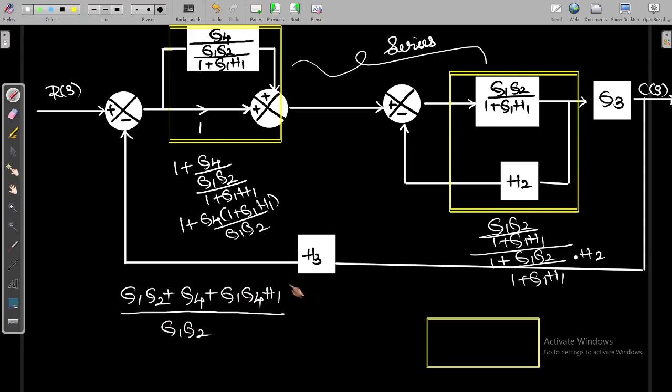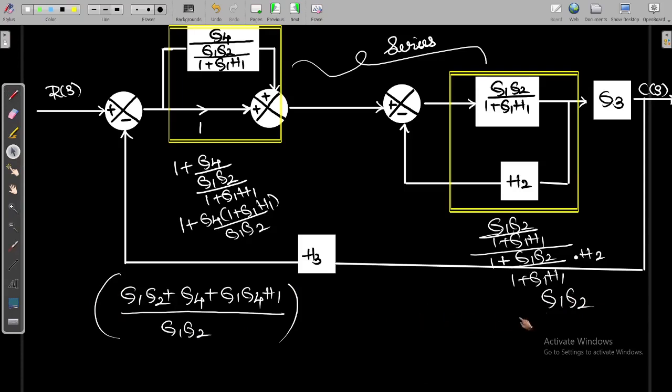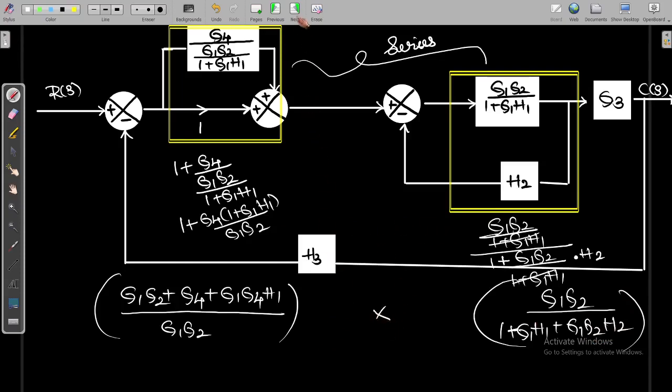This is the first part here, and here also we will reduce, that will be G1 G2 divided by, the LCM gets cancelled here, 1 plus G1 H1 plus G1 G2 H2. So these are the two terms you are going to get here. They both are connected in series, so they are going to get multiplied. That we will do in the next step.